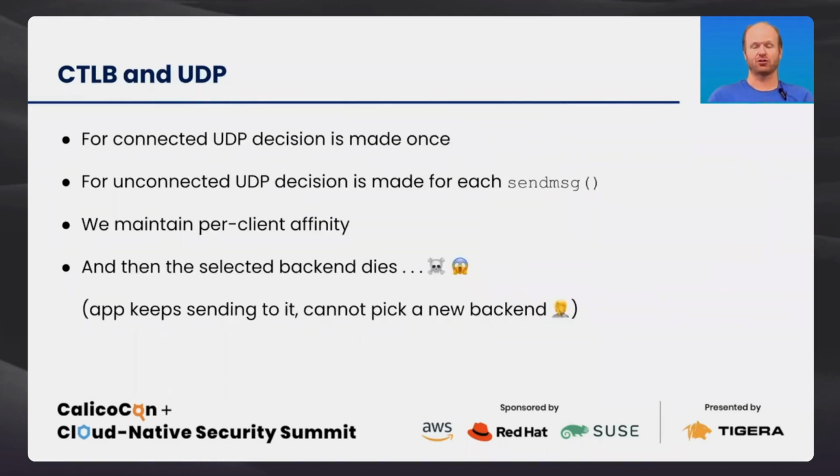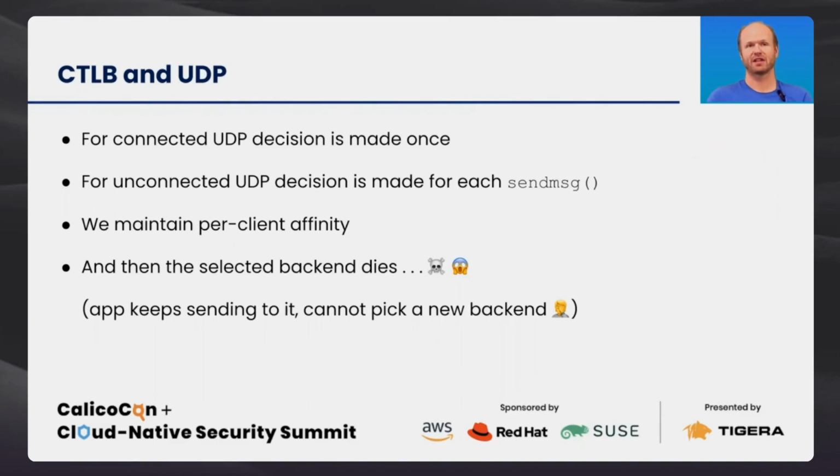If we have connected UDP, and yes, you can make a connect on UDP, which decides the destination of your packet, the selection of the backend is done once. For unconnected UDP, with every send message, we would have to make a decision. But not to spray the packets all over the cluster, we maintain some per client affinity.